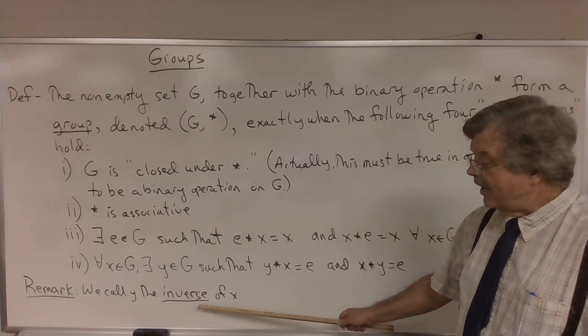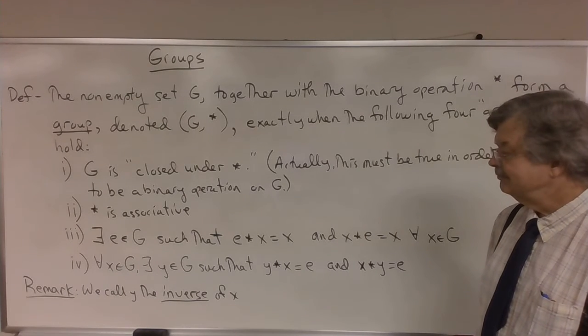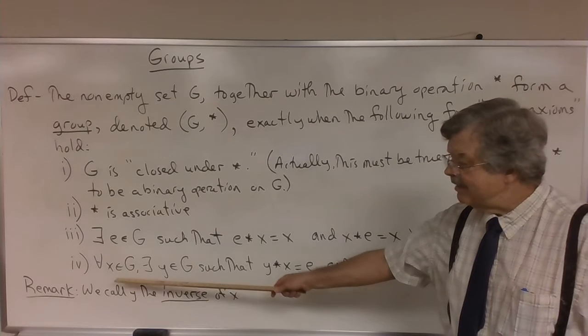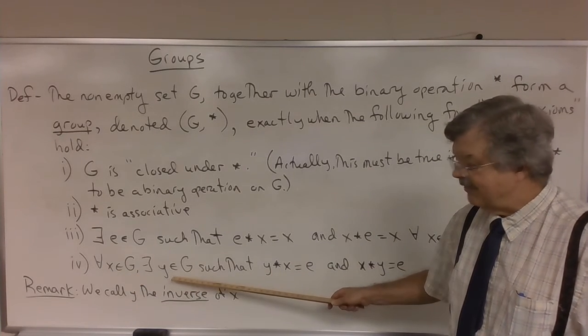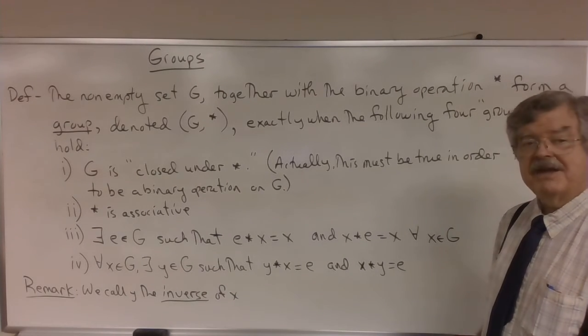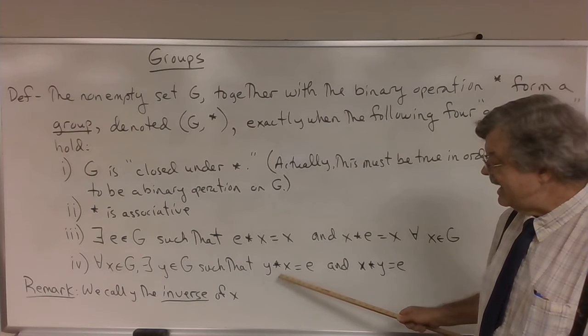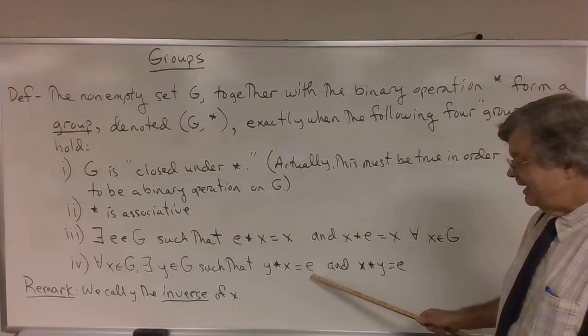And we call y the inverse of x. So every element x in G has an inverse that we call y. And the property of the inverse is that when we multiply x by the inverse, we get e, the identity.